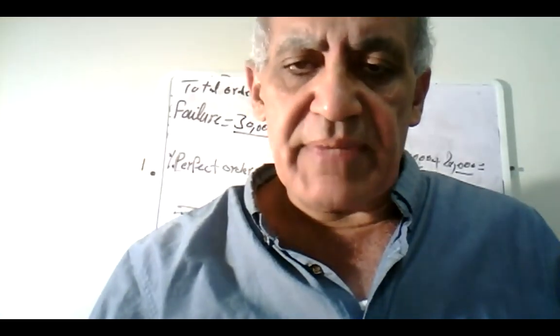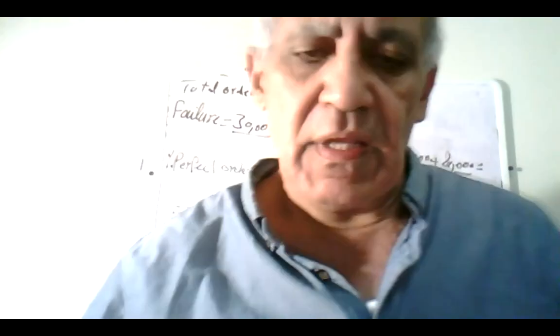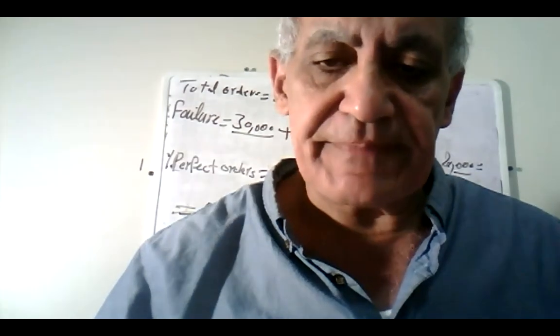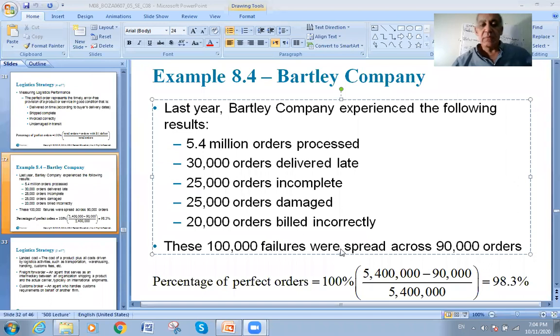Now let me share the screen back to show again on the paper, not on the board. Here we go. So all are 5.4 million orders. Those are the failures, 30,000, 25,000, 25,000, 20,000, all 100,000 orders.